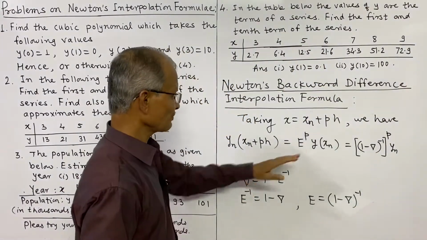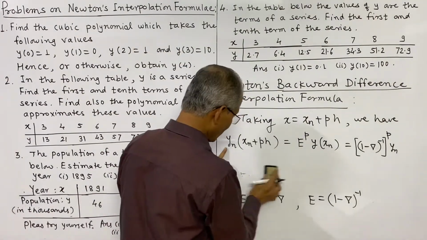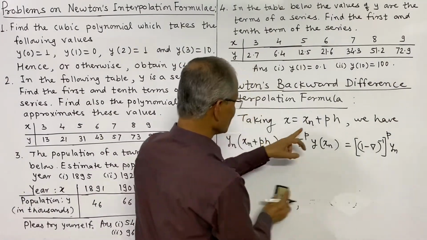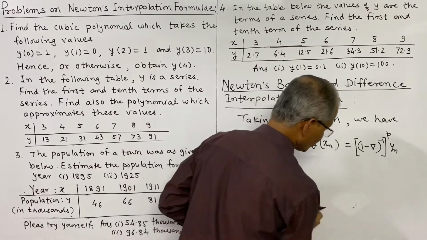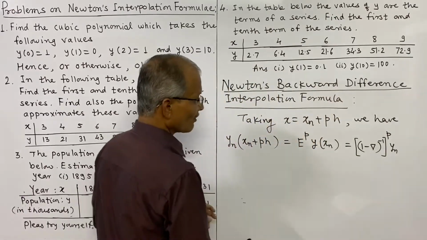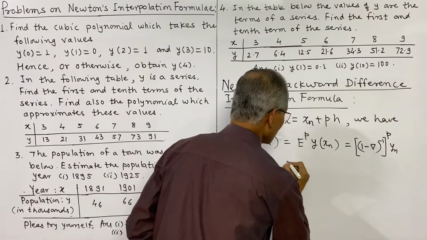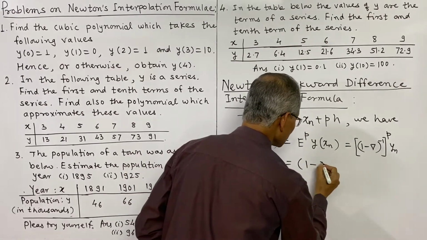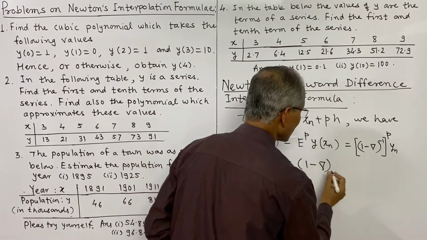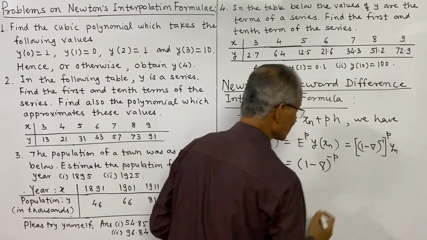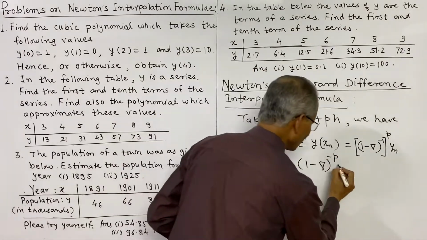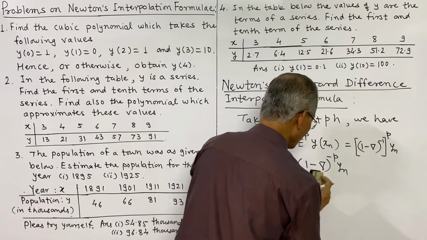So this is the expression for the value yn at x, which is xn plus ph. Now we have to expand this: it is equal to (1 minus del) to the power minus p operated on yn.